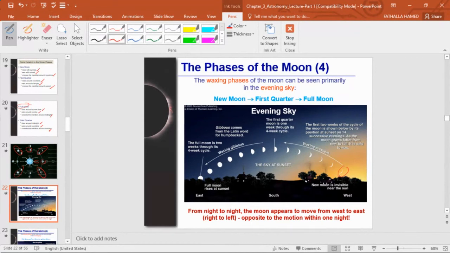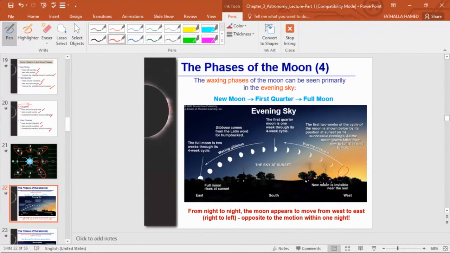So the waxing crescent is seen in the west just after sunset, and it may stay there for 15 minutes, 20 minutes, half an hour, it depends. Okay. You can only see it after sunset.